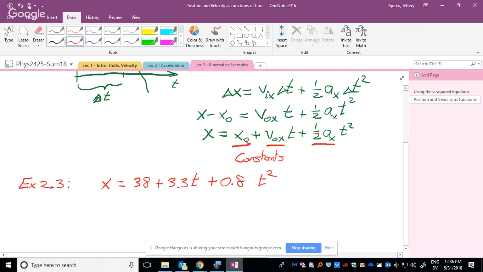So what we do here is we just match term by term between the specific numerical equation that we're given and the more generic template equation.